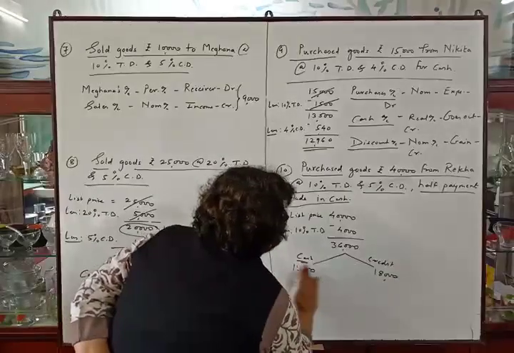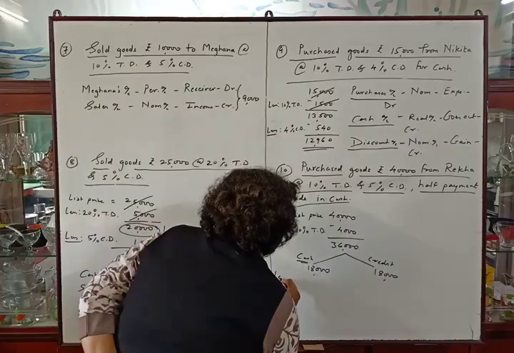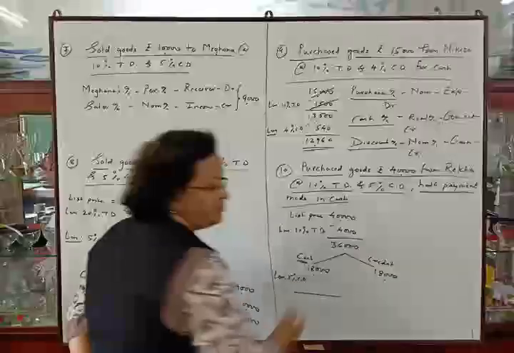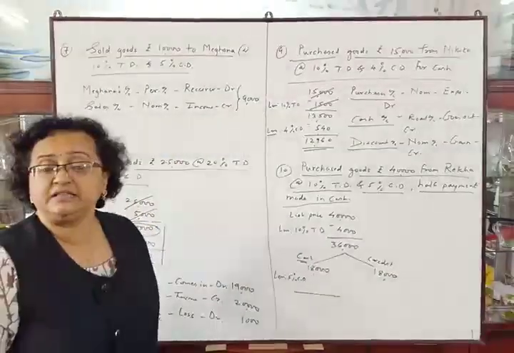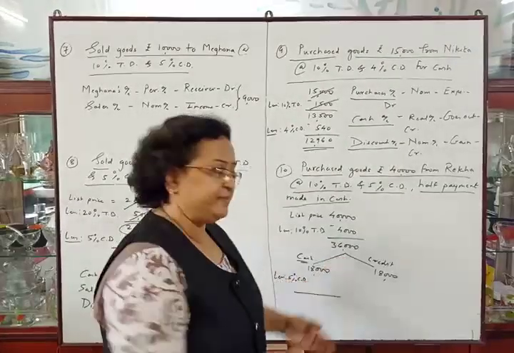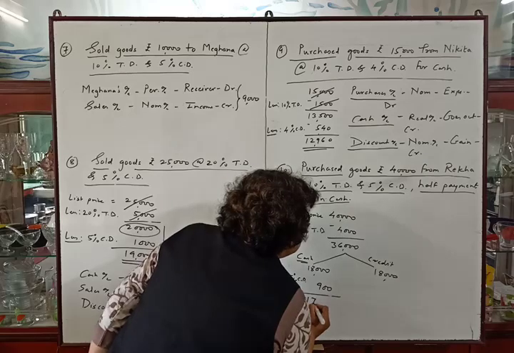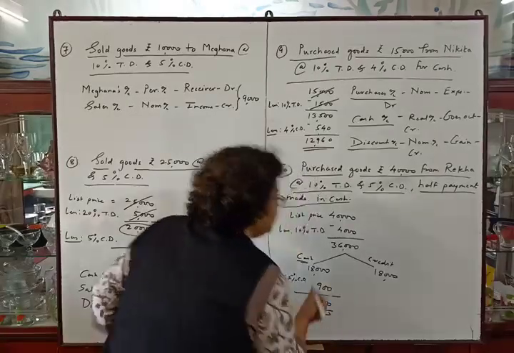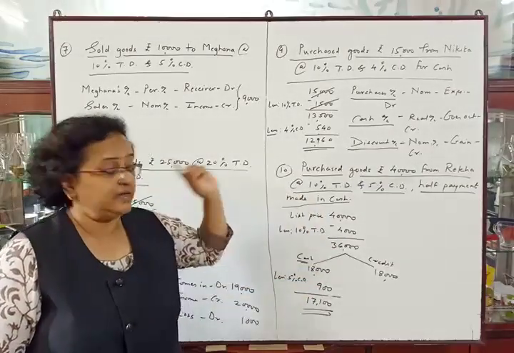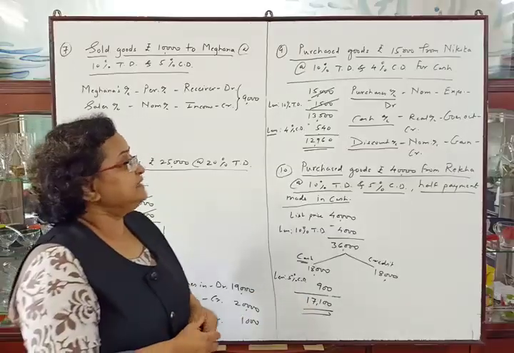So less 5% cash discount. 5% of 18,000, 10% will be 1,800. So 5% will be 900. And the amount will be 17,100. Okay, and the credit transaction will be of rupees 18,000. Cash transaction will be of 17,100. Let me explain the entries here.